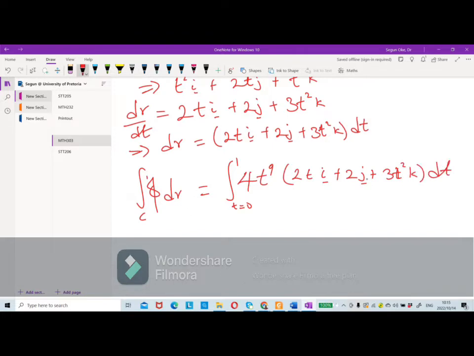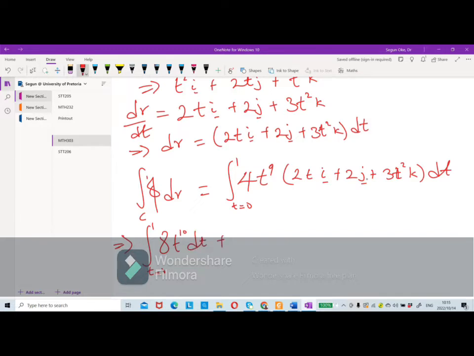So I can open the brackets one after the other. From t equals 0 to 1, I have 4 multiplied by 2, which is 8t^10. Do you agree? Yes, sir.